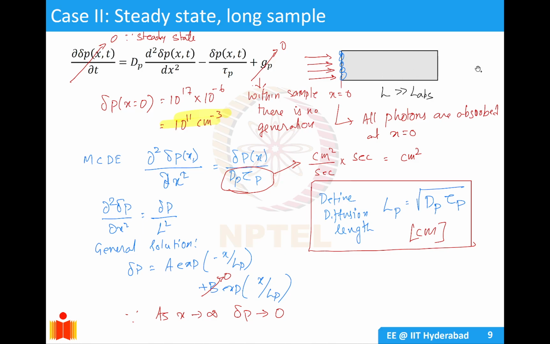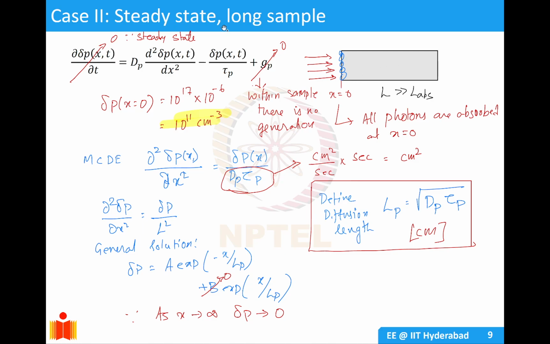The length of the semiconductor is much larger than that. So we assume that only at x equal to 0 you have carrier concentration, and for the rest of the semiconductor there is no generation of carriers.